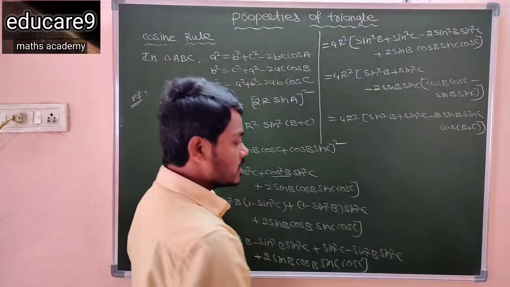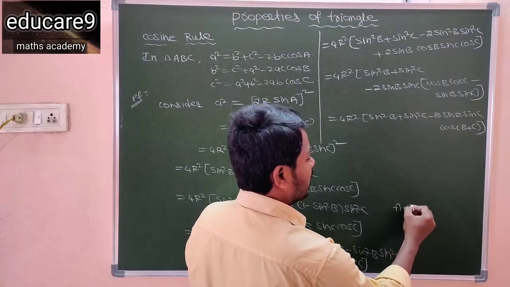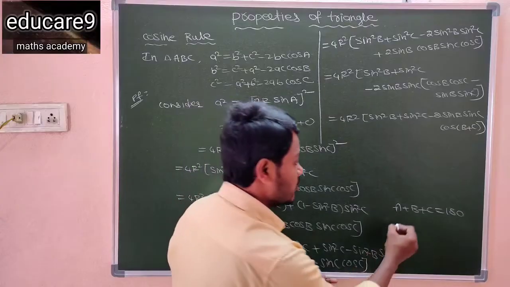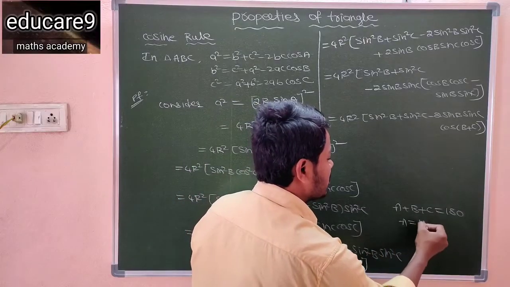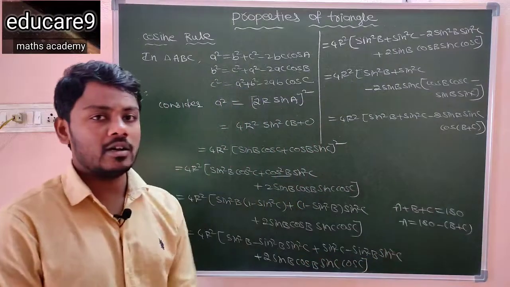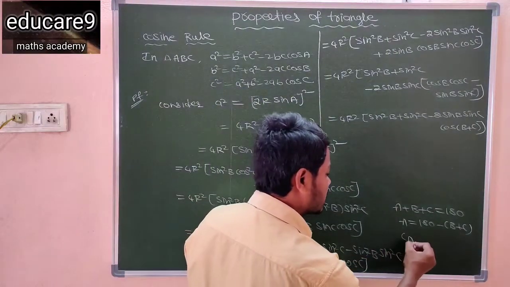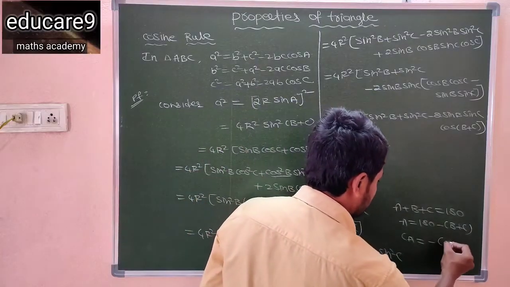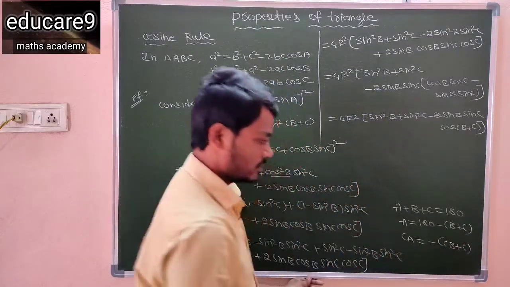Okay. So see here, A + B + C is equal to 180 degrees. From this, A is equal to 180 minus (B + C), and apply cos on both sides. Cos A is equal to cos of (180 minus theta), which is minus cos theta, that is minus cos (B + C).